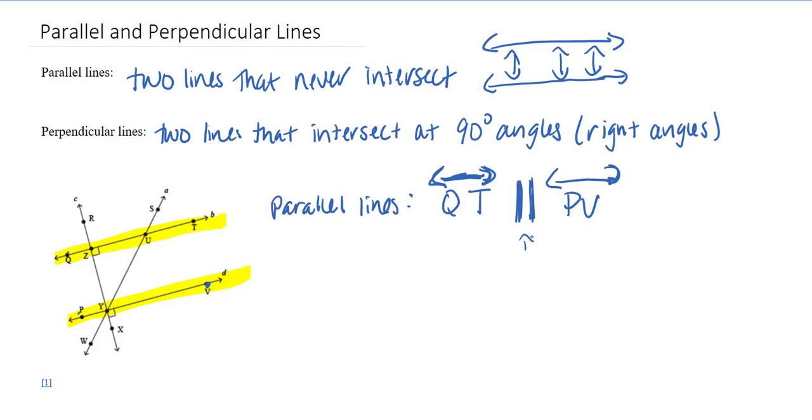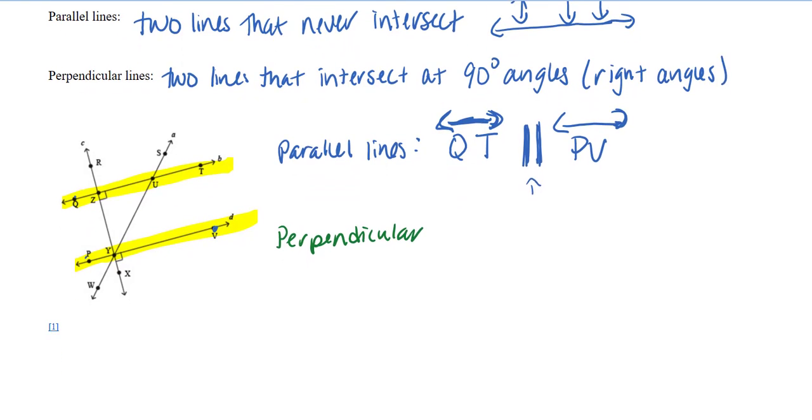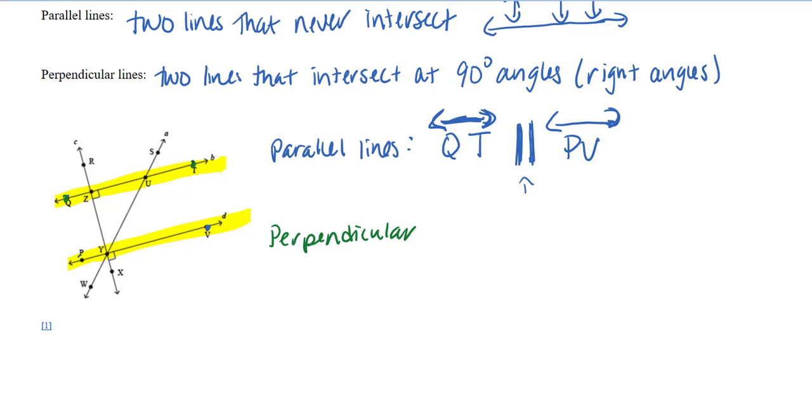Now, what about perpendicular? So perpendicular, right? So let's go ahead and use QT because we see this right angle. So QT, again, it's a line.